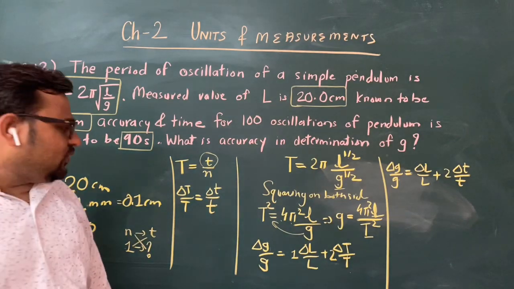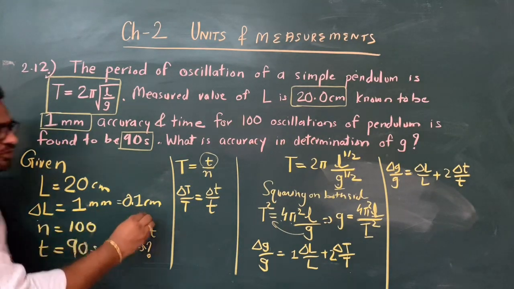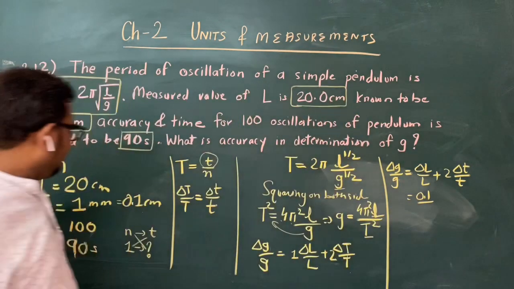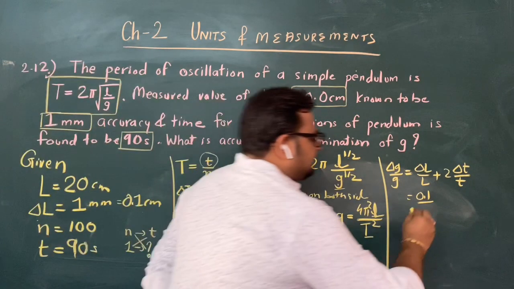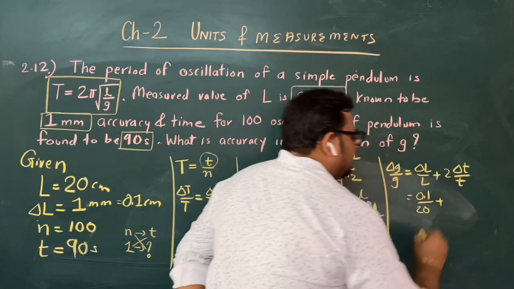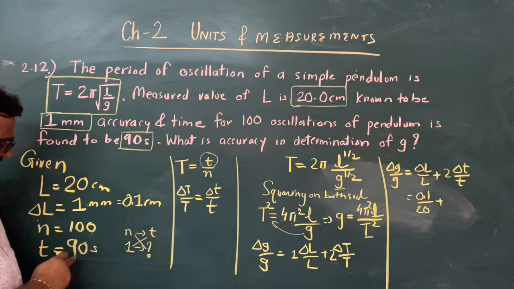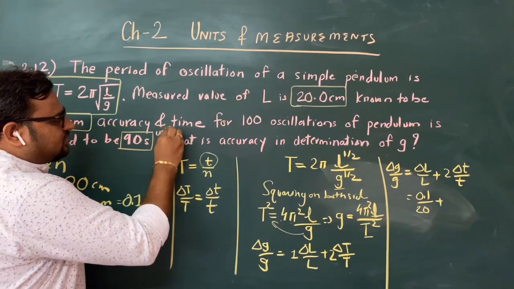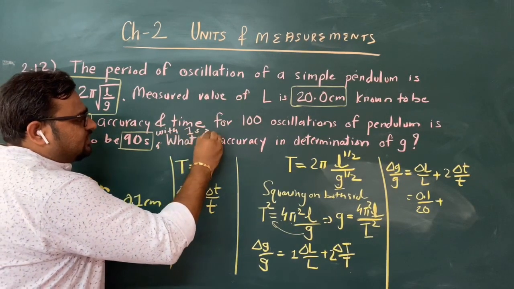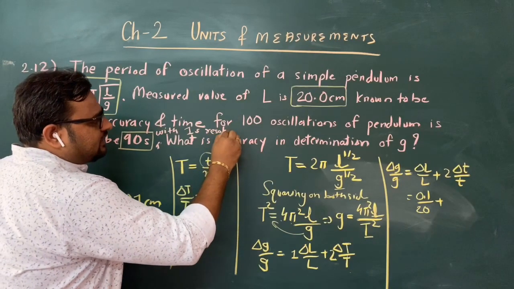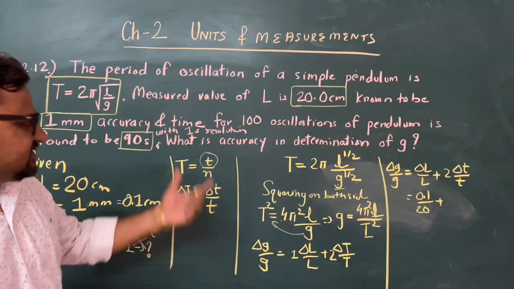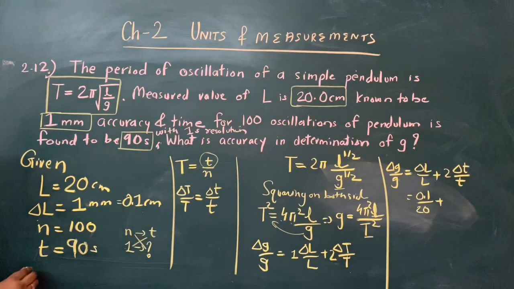So now let's put in the values: delta L 0.1, capital L 20, plus small delta t. Okay, a part of the question is missing: it's with 1 second resolution. Clear? So this is given in the question. So delta t will be equal to 1 second.